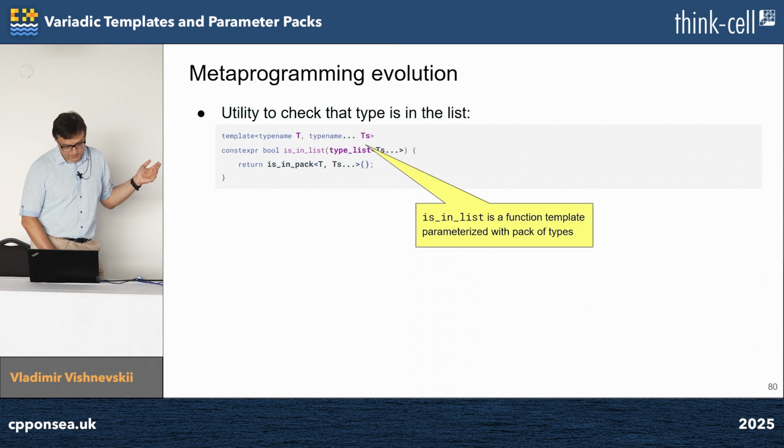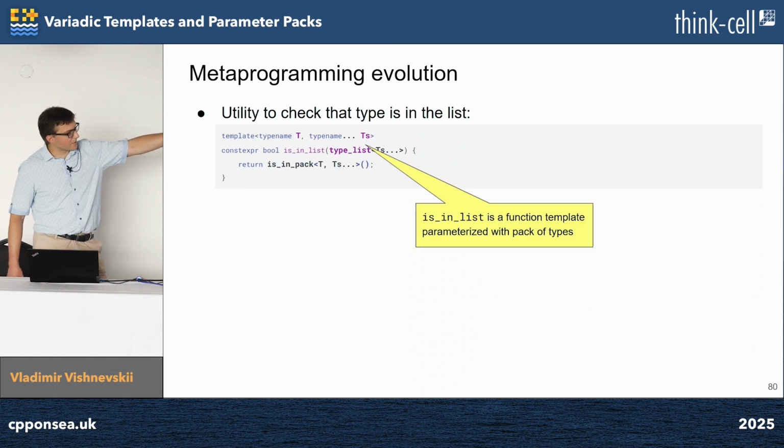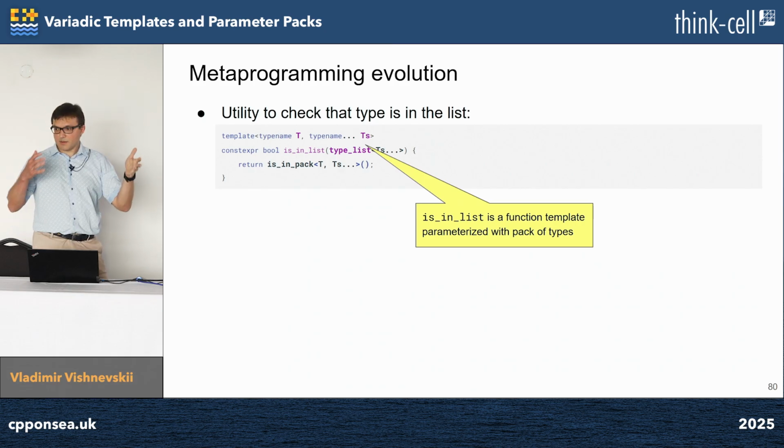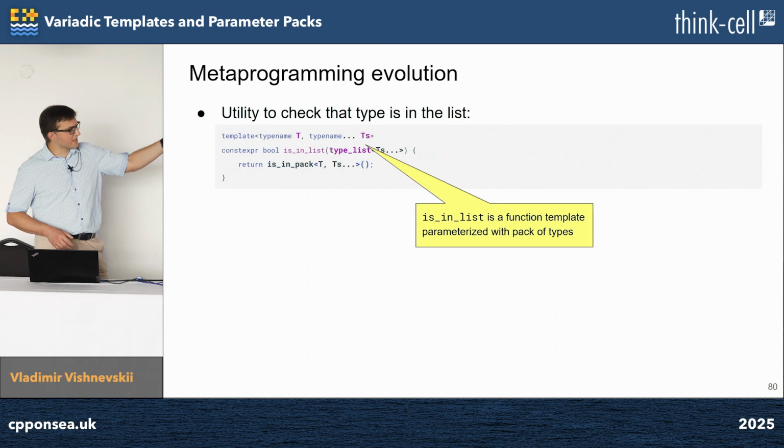So we can look here. It is a variadic function template, and it expects as an argument a type list that is instantiated with a template parameter pack. That means when it is called with some type list, this instantiation will have access to those types within the type list.